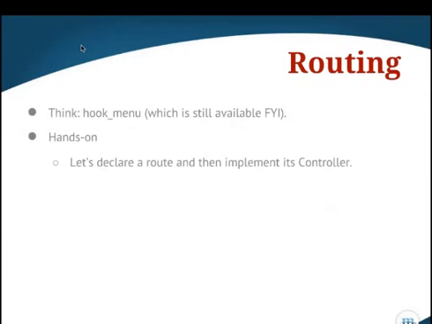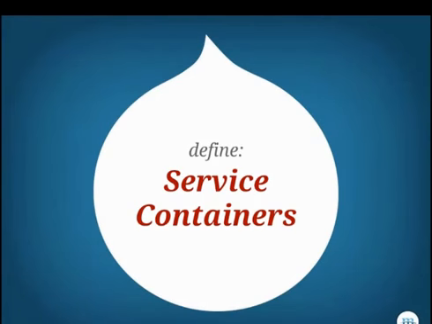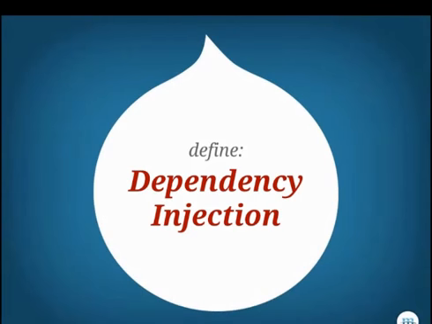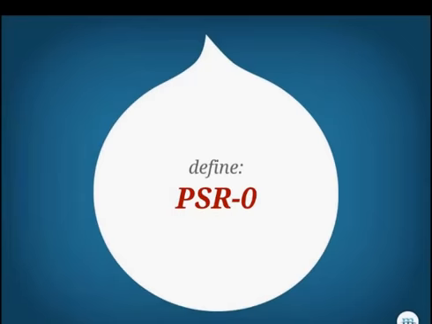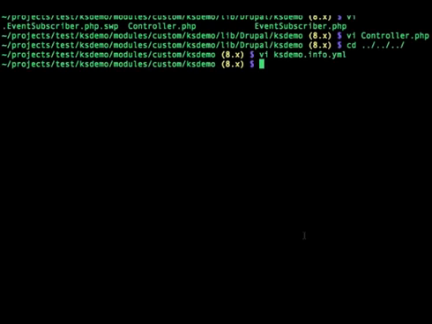Okay, next we're going to go back to the very beginning of our presentation and look at Composer. You see this link here, getcomposer.org/installer. This is the link to download the Composer PHP executable.